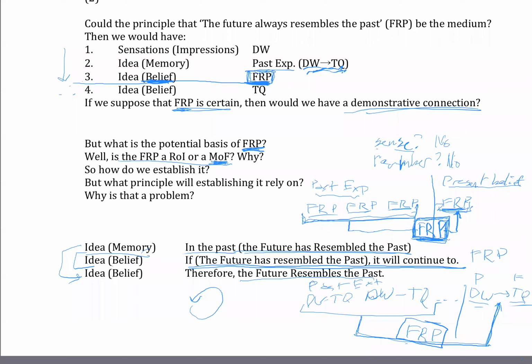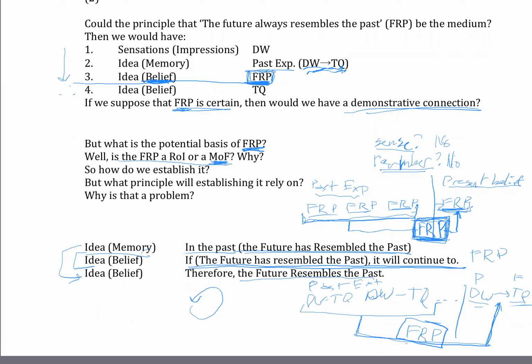We can't see right now or feel that the future resembles the past. We can't remember that right now the future resembles the past, because you can't remember the present. And so all that's left is establishing it as immediate knowledge of a matter of fact through an inference. Well, how do we establish immediate knowledge of matters of fact through inferences? Well, we do it through principles like the future resembles the past.